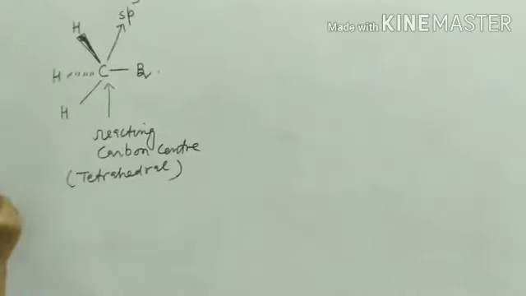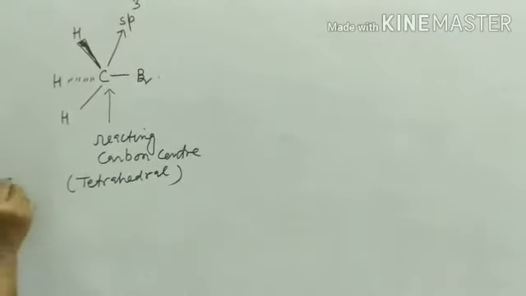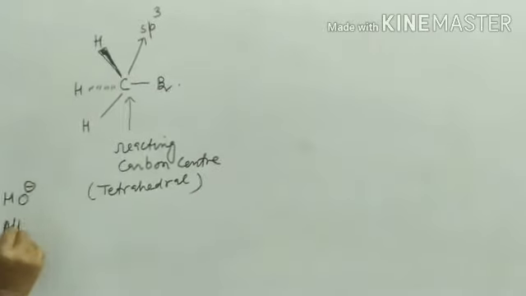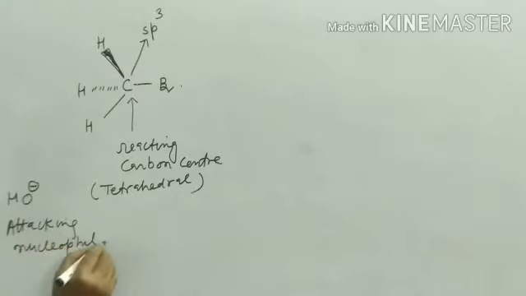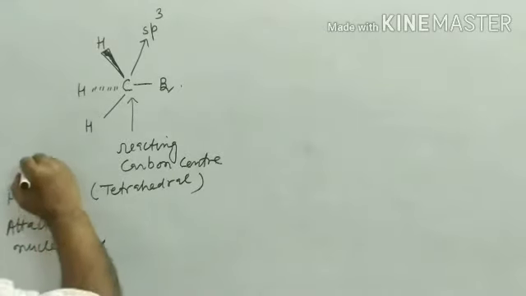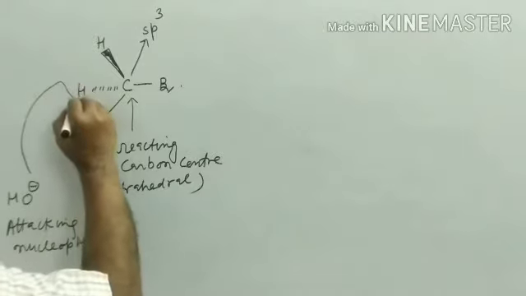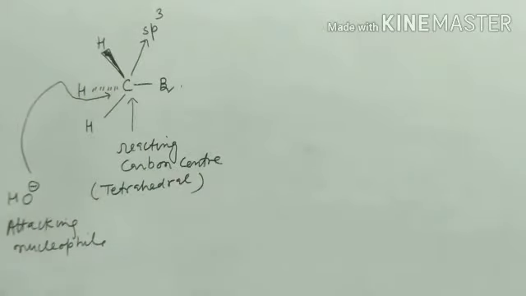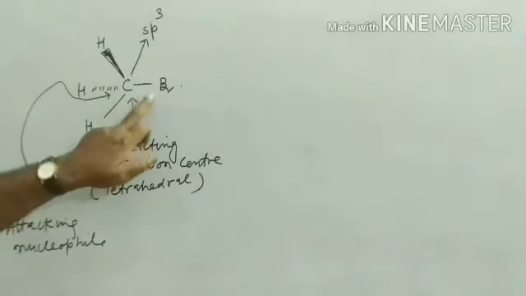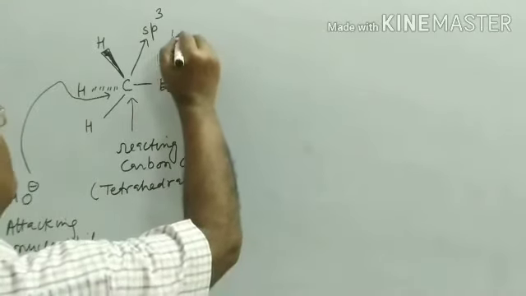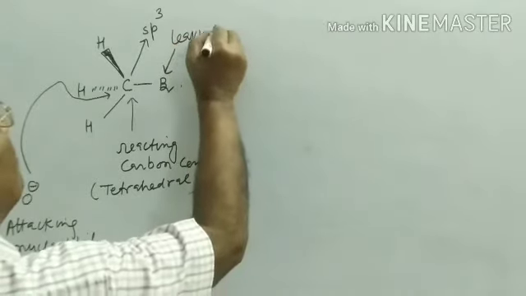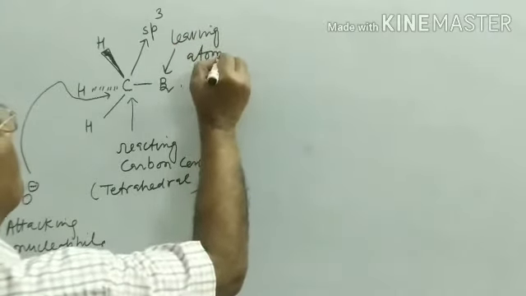The attacking nucleophile, this is hydroxide ion, attacks from backside, from 180 degree with the leaving group, and this Br is the leaving atom, it will go out. It is also called leaving group.